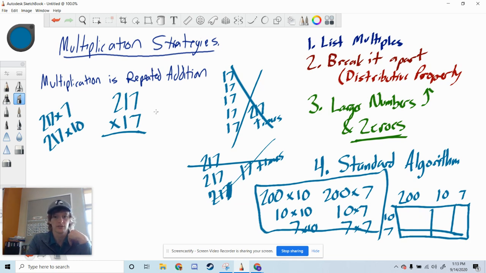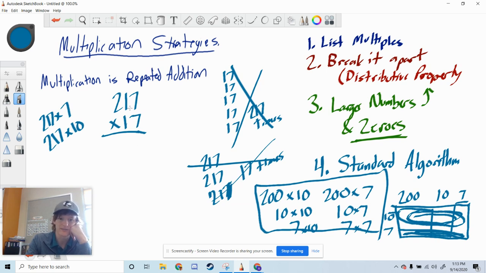Okay, we're doing 217 times 7. We're doing 217 times 10. And those same numbers would be right here. If you added all three of these numbers up over here on this area model, that's going to be what 217 times 10 is. And this one is going to be 217 times 7. And those two numbers are going to be the two numbers that we add up here.